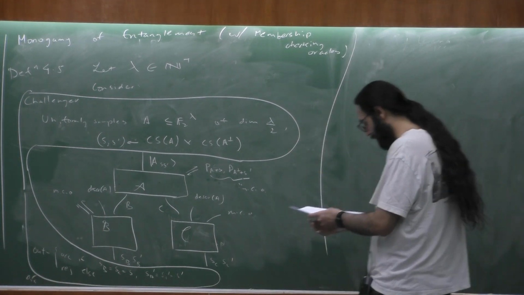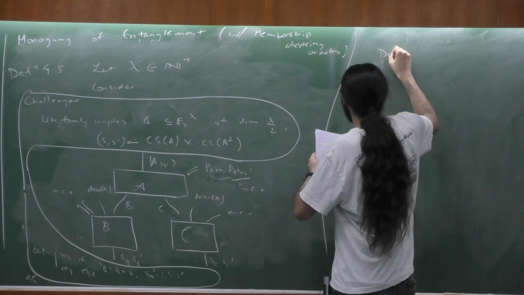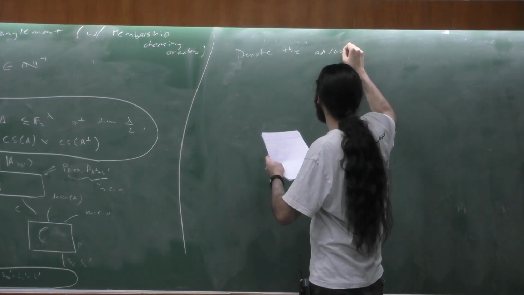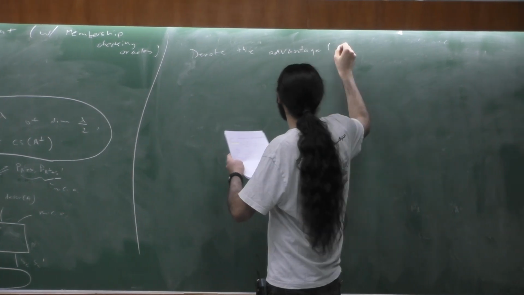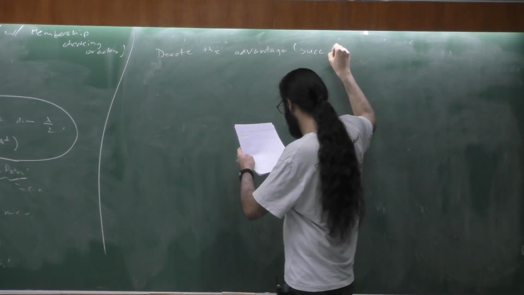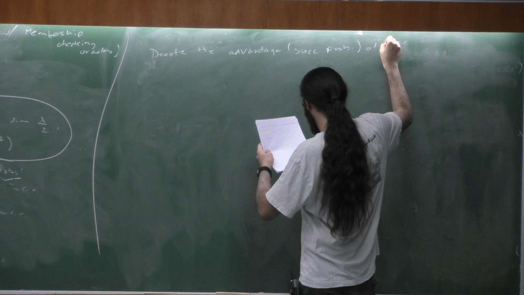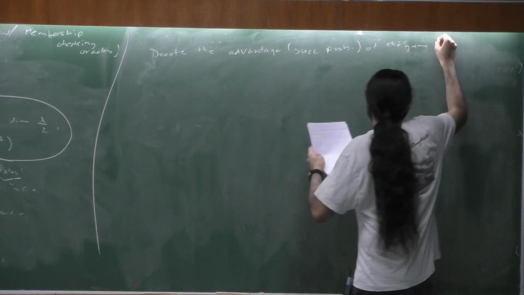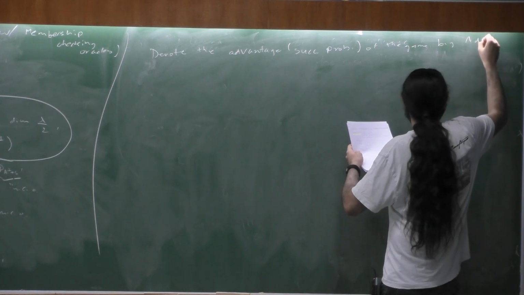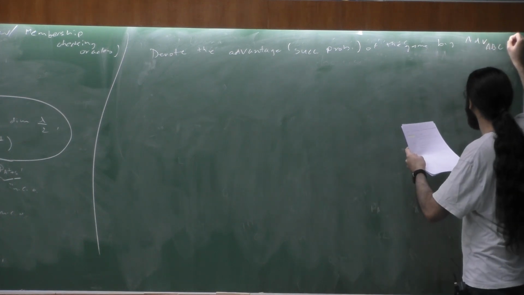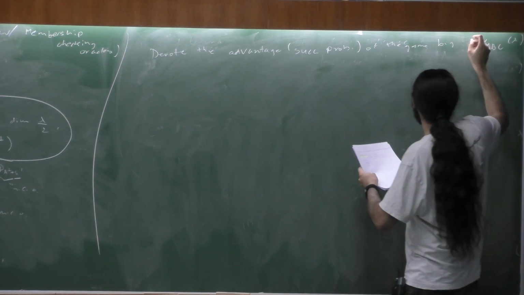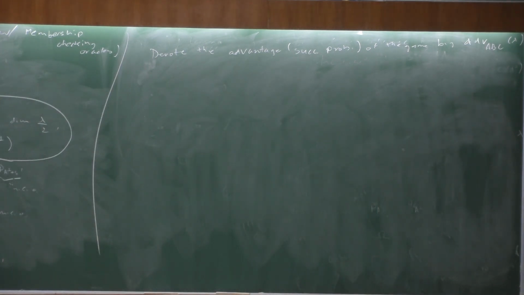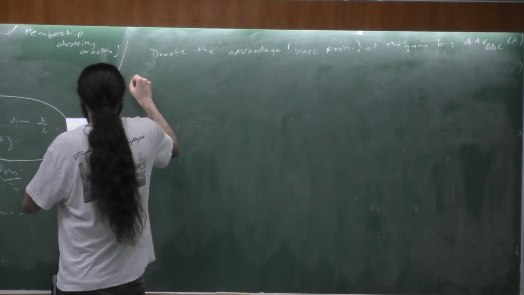Okay, so what is the statement? I forgot to write. We denote the advantage, or the success probability of the game, by Adv_{A,B,C}(λ). The theorem, as I already said, basically says that this is inverse exponential.